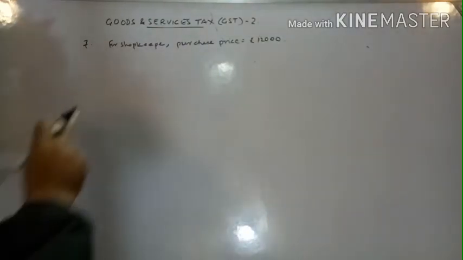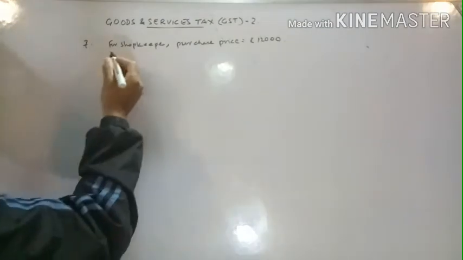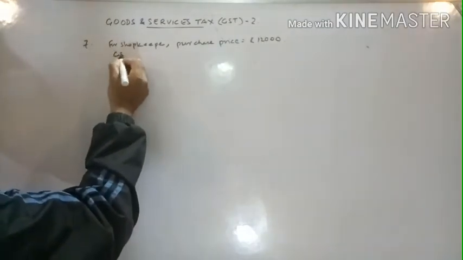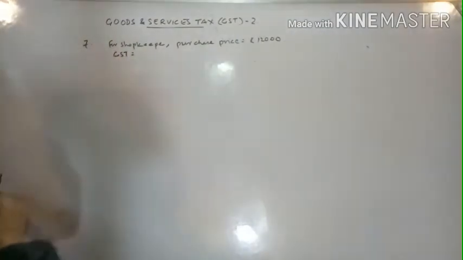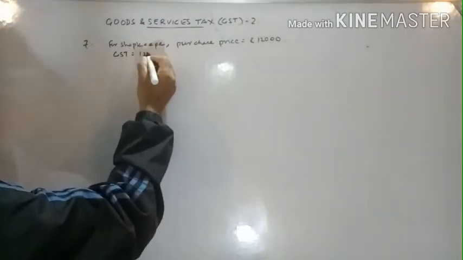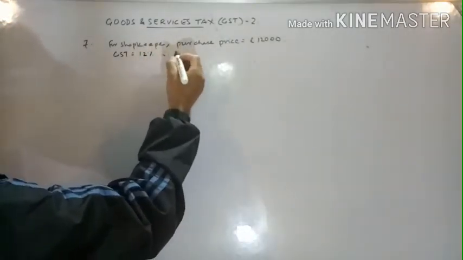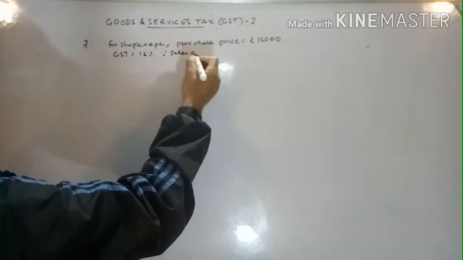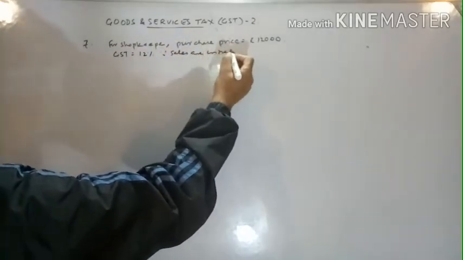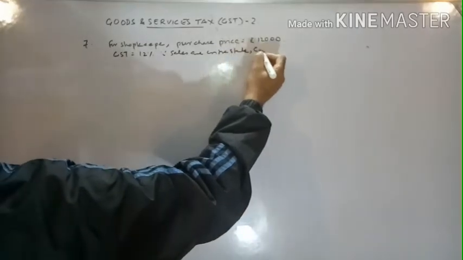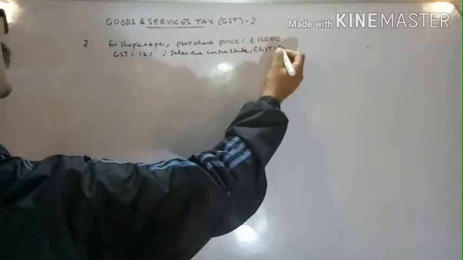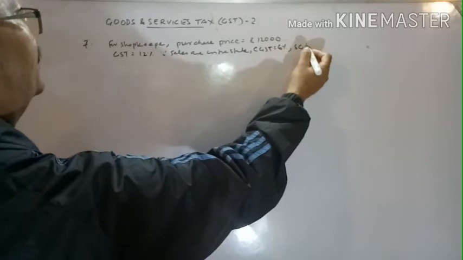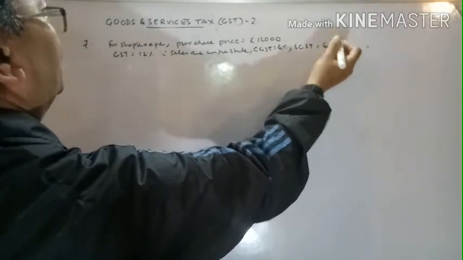So then he will pay tax on this one. Here the rate of GST is 12%. So therefore, since sales are intra-state, CGST equal to 6% and SGST is also 6%.